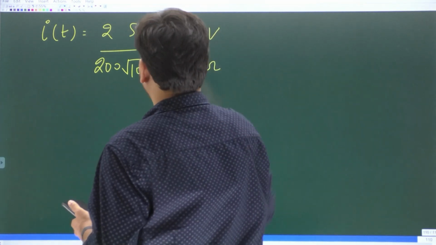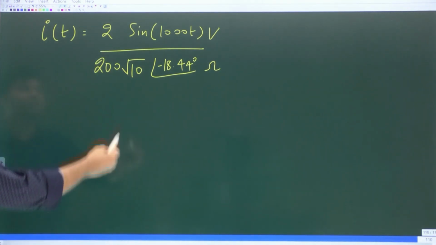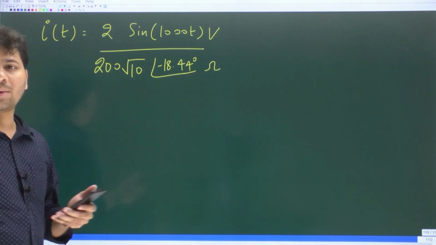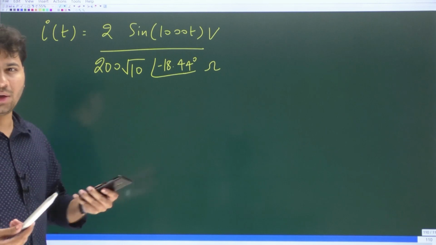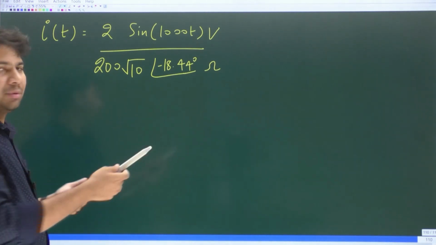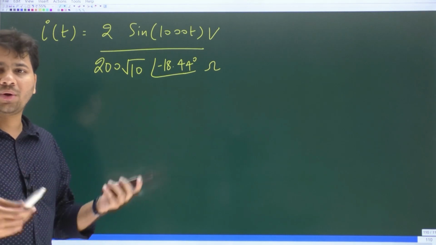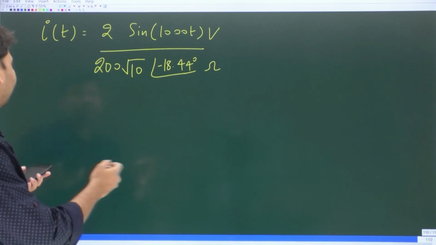This is volts, this is ohms. Strictly speaking, you should not write this equation because the numerator is in terms of time and the denominator is a complex number in the phasor domain. But still we can do it. That way we don't have to convert the input voltage into phasor and convert it back to time domain. Directly we can do it.